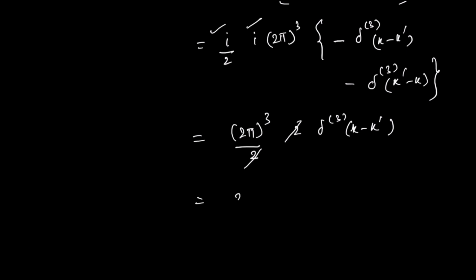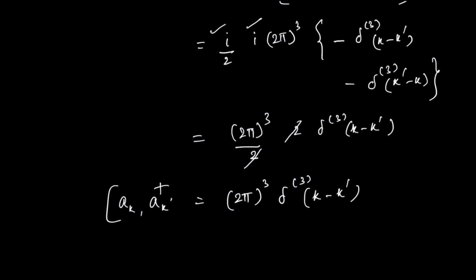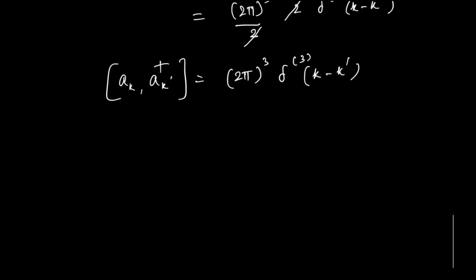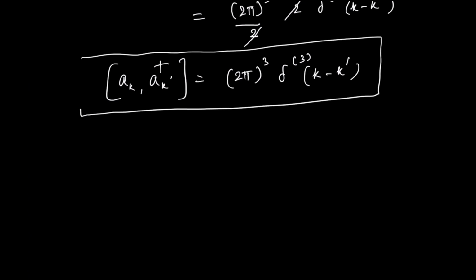So this will be 2 pi cube delta cube (k minus k prime). So a_k, a_k prime dagger is equal to 2 pi cube delta cube of (k minus k prime).